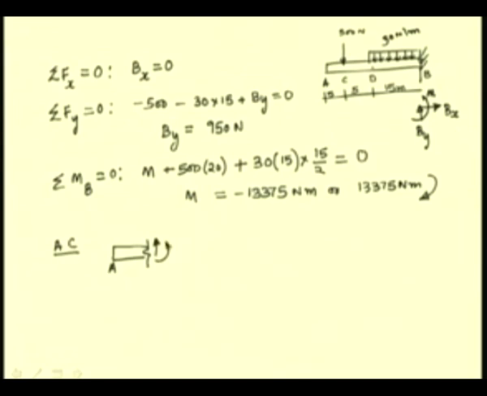We take this shear force and bending moment in the positive sense, and for equilibrium of this section, let us say at any distance x between A and C, the sum of the forces and sum of the moments has to be 0, and from that we find that V has to be 0 as well as M has to be 0, because we do not see any other forces.